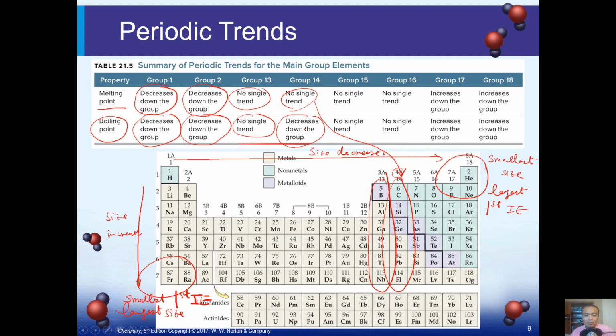I want you to pay special attention to groups 17 and 18, or group 7A and 8A, because the trend for melting point and boiling point is the opposite, as we have already learned when we talked about intermolecular forces. Both the melting points and boiling points for group 7A, the halogens, and 8A actually increase when we go down the group.